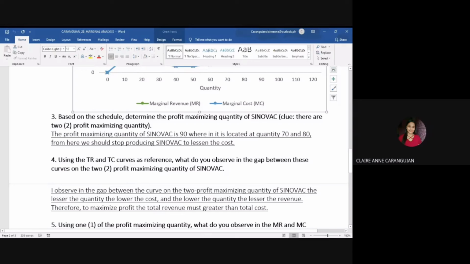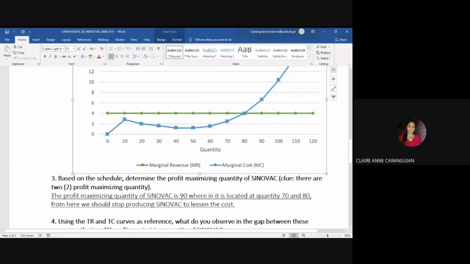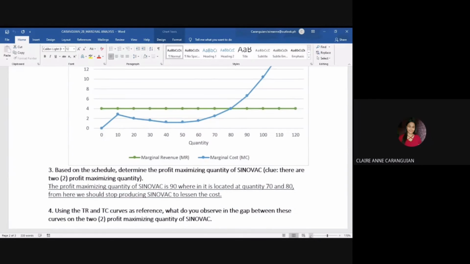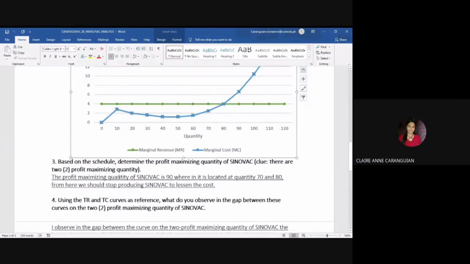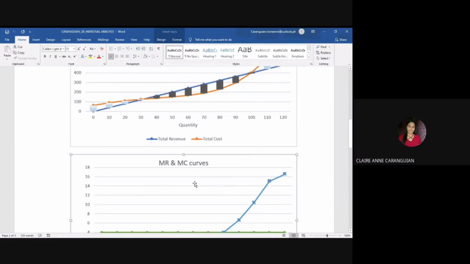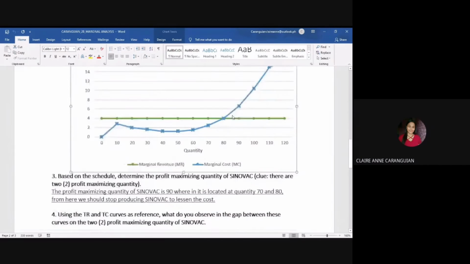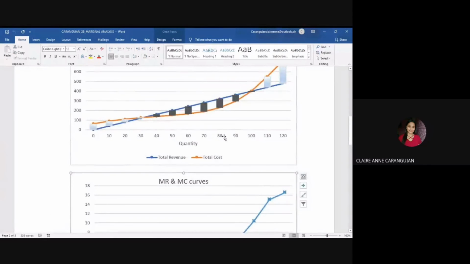Based on the schedule, determine the profit maximizing quantity of Sinovac. Clue, there are 2 profit maximizing quantity. So, based on the schedule, determine the profit maximization quantity. So, na-discuss ko na yung determine the profit maximizing quantity.